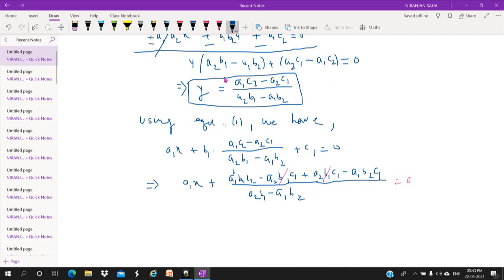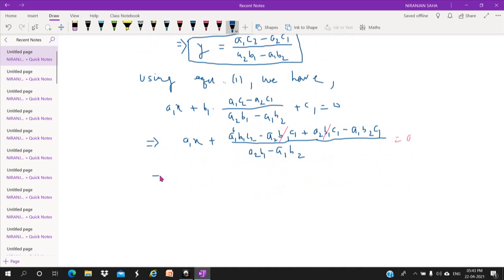Now we get a1 x plus, taking a1 common, b1 c2 minus b2 c1 over a2 b1 minus a1 b2, equal to 0.